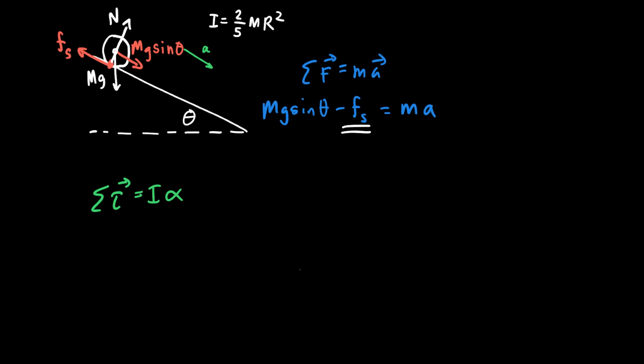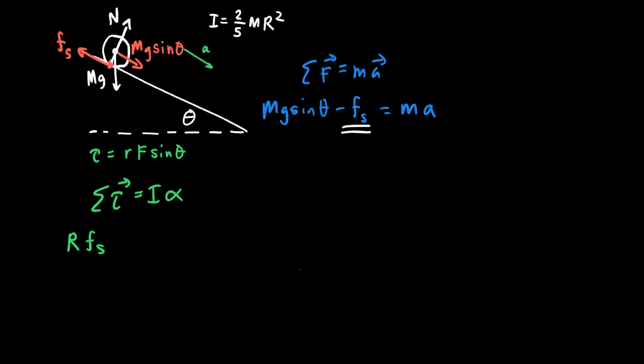And if you remember that the equation for any single torque is torque equals rF sine theta, then we need to know how far is this force away from the axis of rotation. Well, that's just the radius of the solid sphere, which is capital letter R. The force that's being applied is the static friction force, Fs.